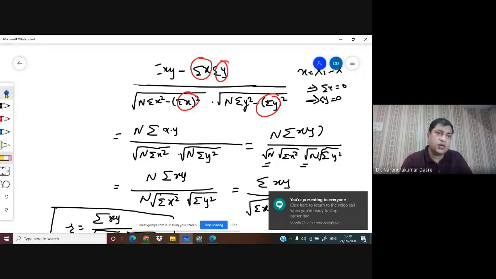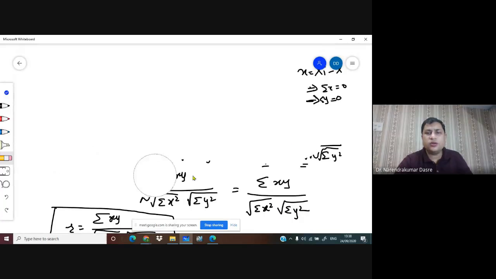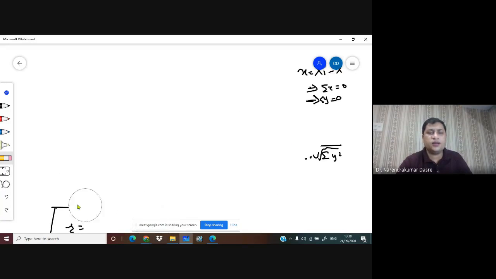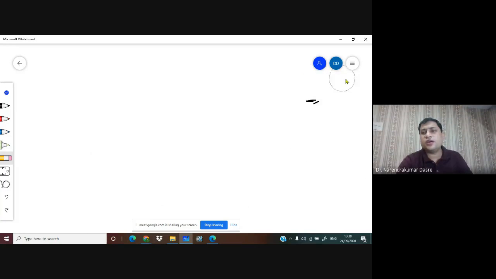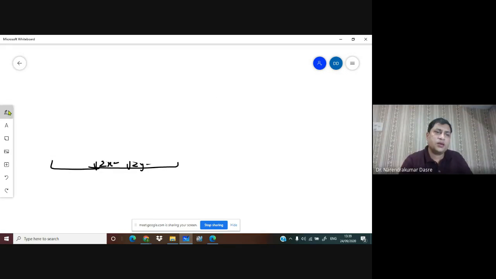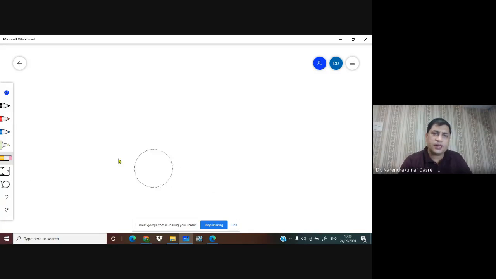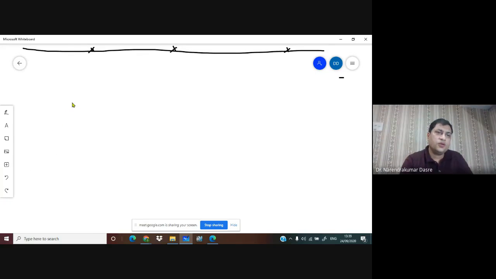Yeah, so now we will see some examples based on processed data with the assumed mean. Okay, so now we have to see the examples on processed data with assumed mean. That means the actual mean is not taken, but the mean is assumed, and then solved. Okay.